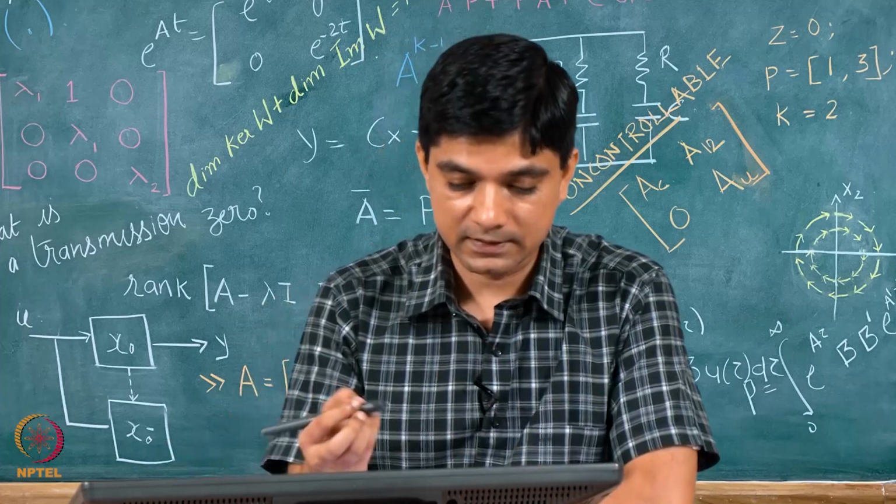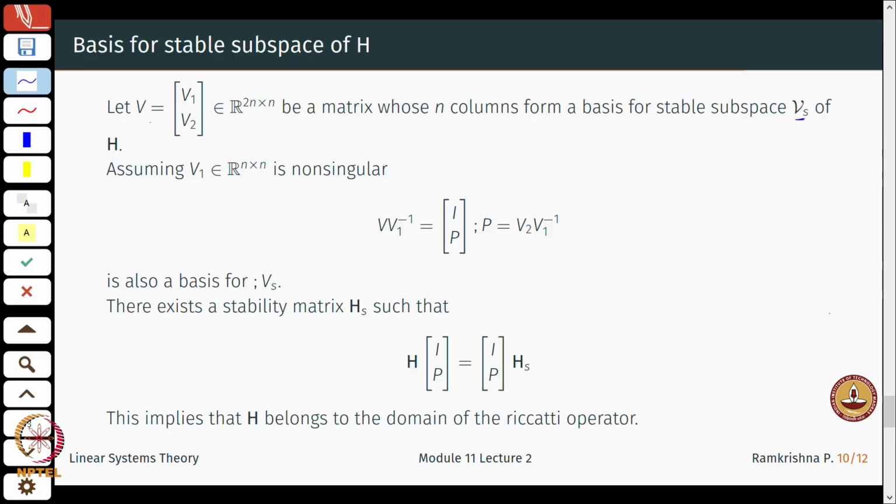Now, let me take some arbitrary basis, like let V, which is [V1; V2], be a matrix whose n columns form a basis for the stable subspace of H. Now, assuming that V1 is non-singular, I can write V times V1 inverse in the following way, [I; P], where P is V2 V1 inverse.